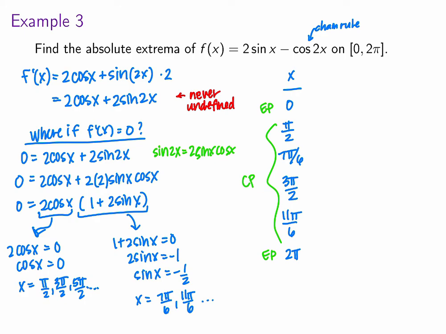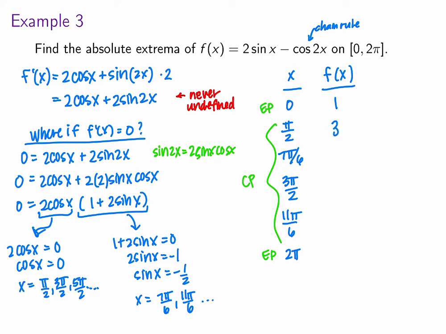All right, so now I'm going to plug these in. And remember, you plug them into your very original f of x and see what we end up with. Going back to the original, if I plug in a 0, I'm going to get a 1 back. I'm going to trust that you can do all this plugging in, so I'm just going to go with what we end up with. If we plug in pi over 2, we end up with a 3.